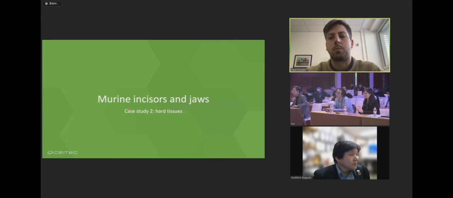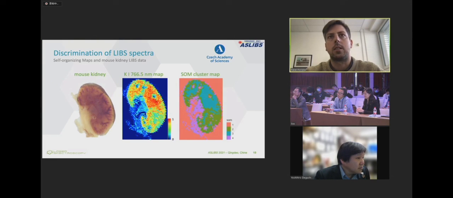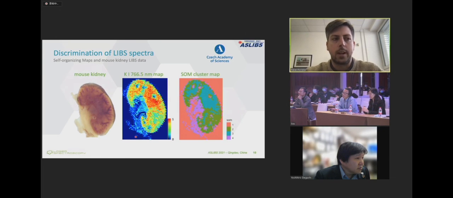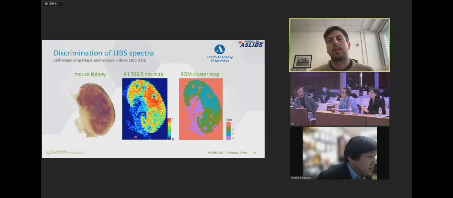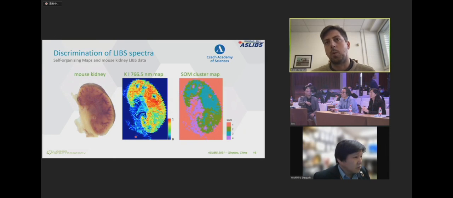As you can see here, you can provide the analysis on the elemental map, and what we are trying to do is to provide some other information that will help the histologist, the pathologist, or the surgeon to estimate the boundary between the healthy and cancerous tissue. So this is where we are going with this. We are just complementing the histological analysis that is always done when the biopsy is taken from the patient. So this is where we are putting our research at this moment.